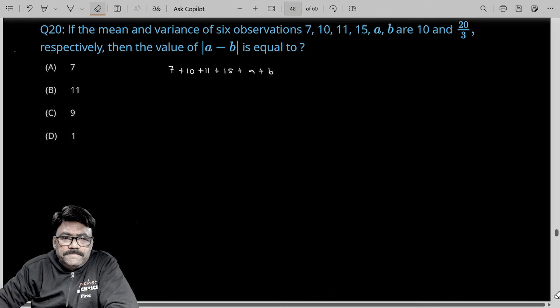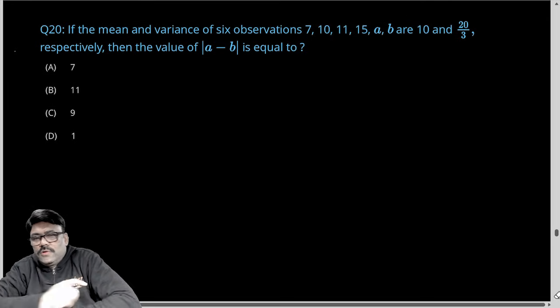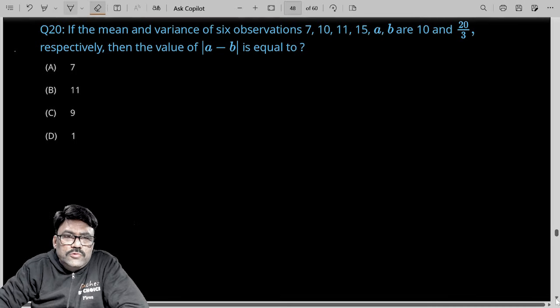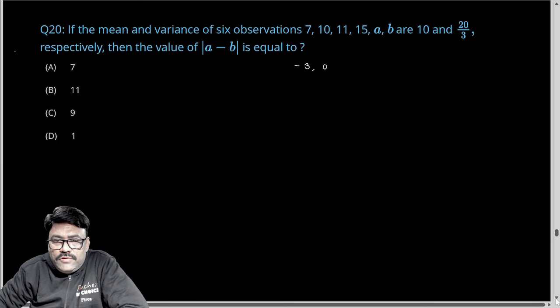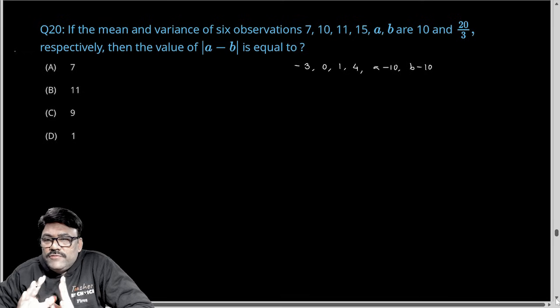So what I'm doing here, let's subtract 10 from each observation. So new observations will be minus 3, 0, then 1, then 4, then A minus 10 and B minus 10. And since I have subtracted 10 from each observation, you will subtract 10 from the mean also.